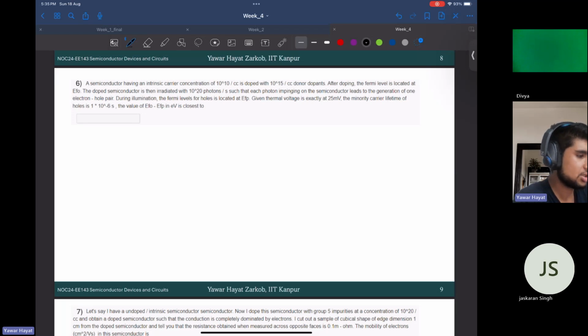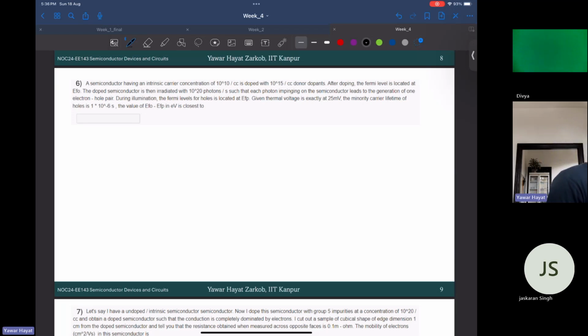During this illumination, the Fermi level for holes is located at EFP, and the thermal voltage we can take as 25 millivolt, and your minority carrier lifetime for the holes is 10 to the power minus 6 seconds. The value of this EF0 minus EFP in electron volts is what we need to compute.